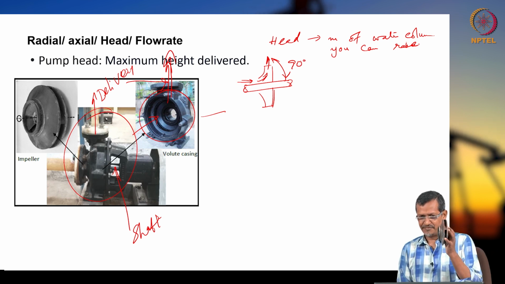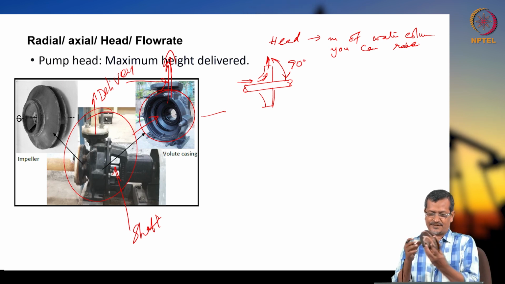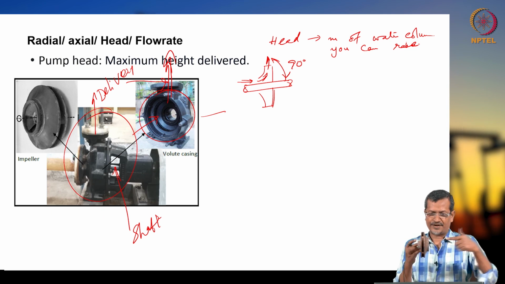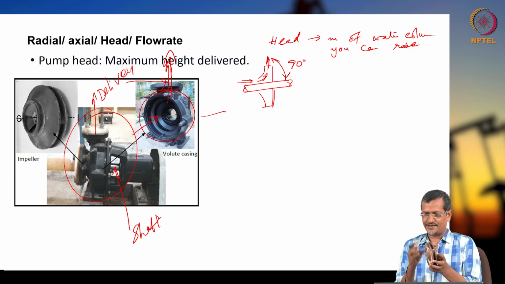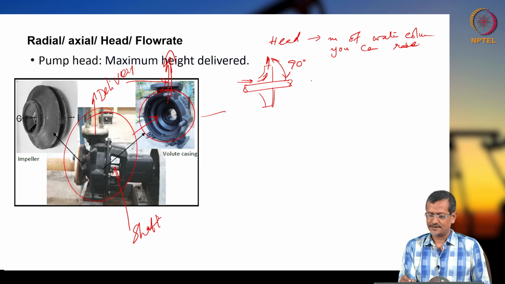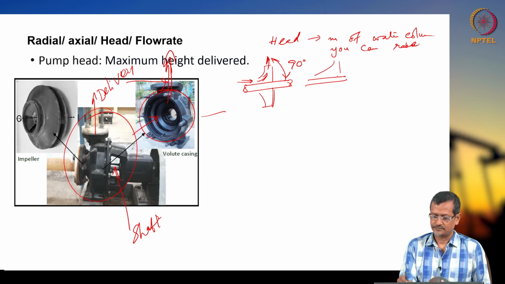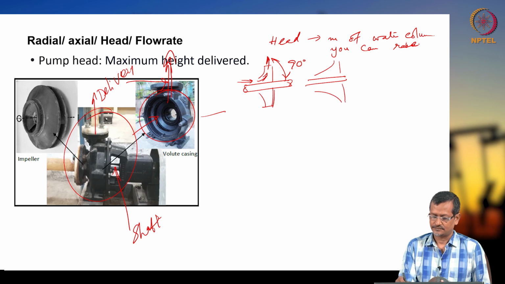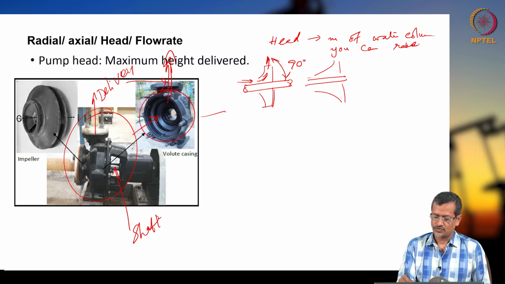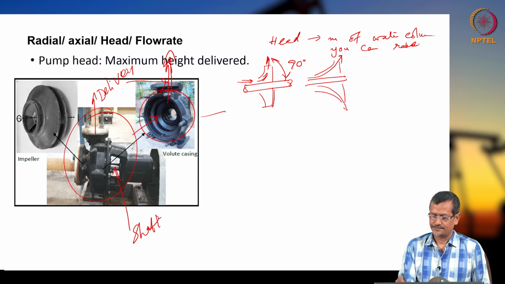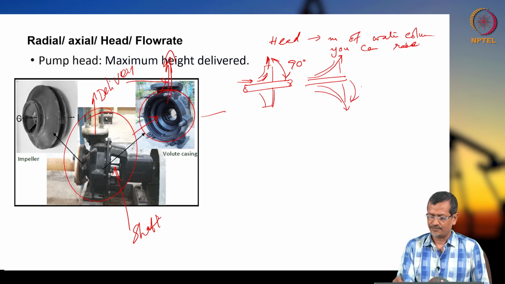Fluid entering and going up, so directly 90 degree. But in certain designs the fluid will go like this. So fluid will be entering and it will be going like this, and in this case it will be 45 degree.